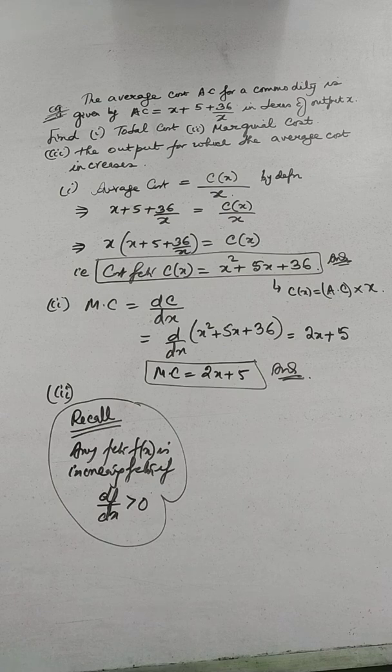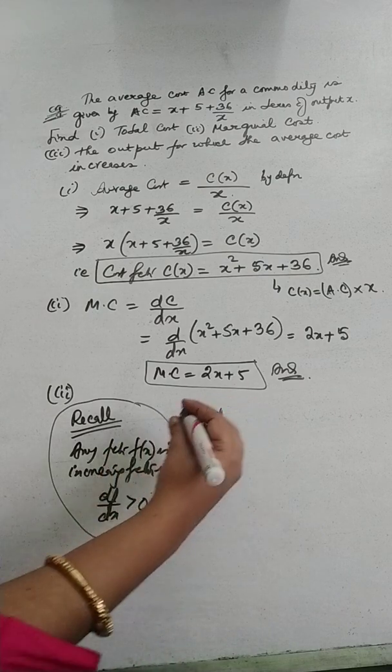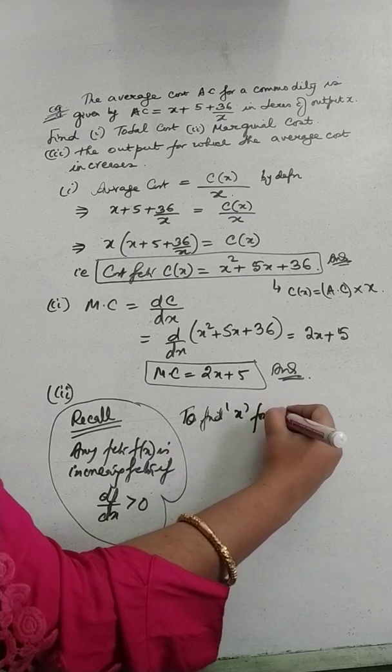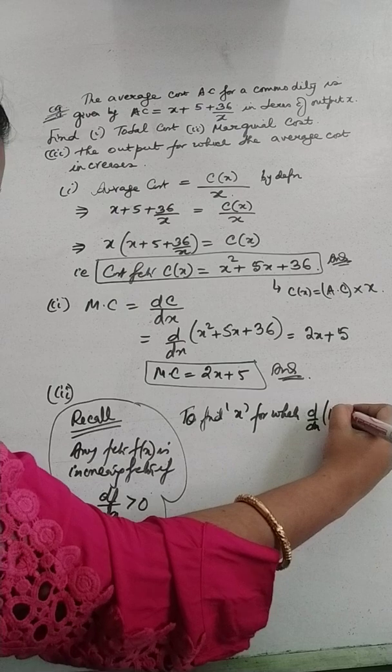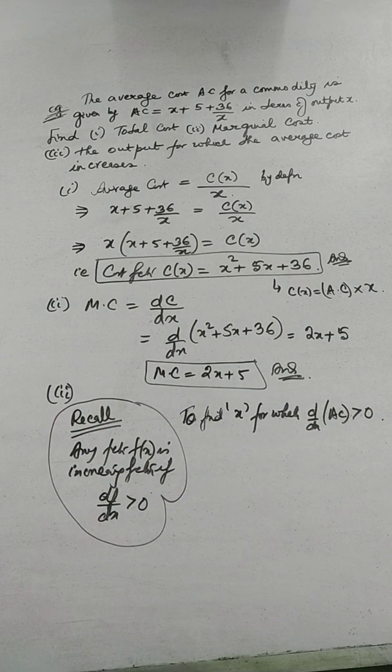So here we will find out, what do we have to find? I will write that. To find: I will find the value of x for which d/dx of AC is greater than 0, because they are saying average cost increases. Okay, d/dx of average cost is greater than 0.